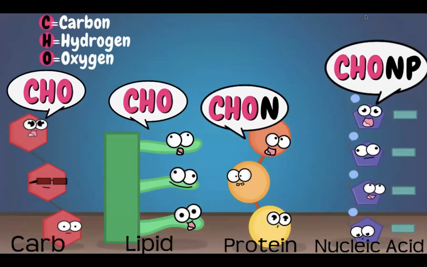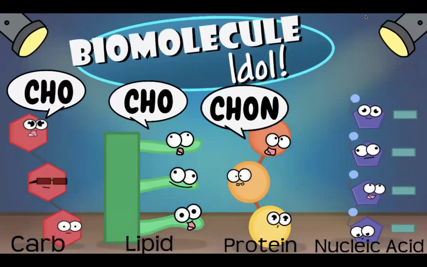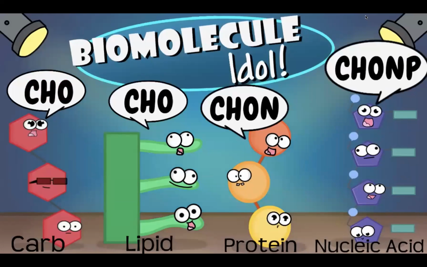So carbs, lipids, proteins, and nucleic acids all have that CHO in there. It's just that proteins and nucleic acids also have an N, which is nitrogen. And nucleic acids additionally have a P, which is for phosphorus. So again, CHO, CHO, CHON, CHOMP, the major elements in the 4 biomolecules.